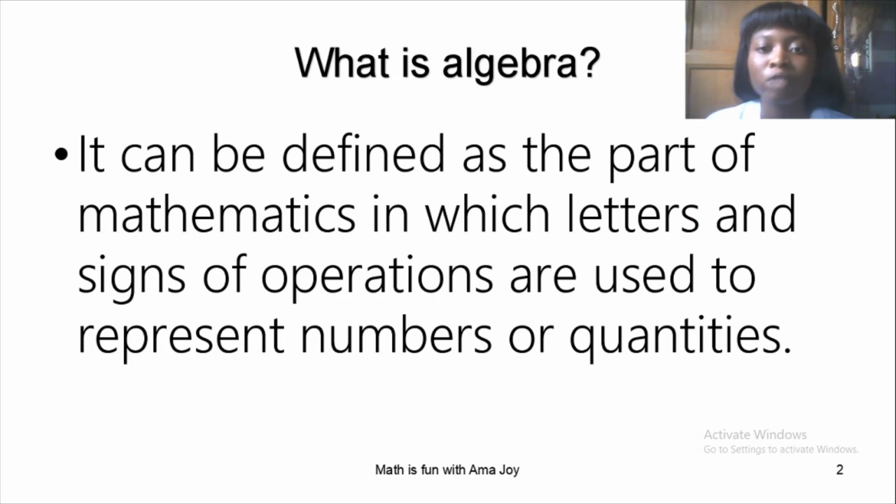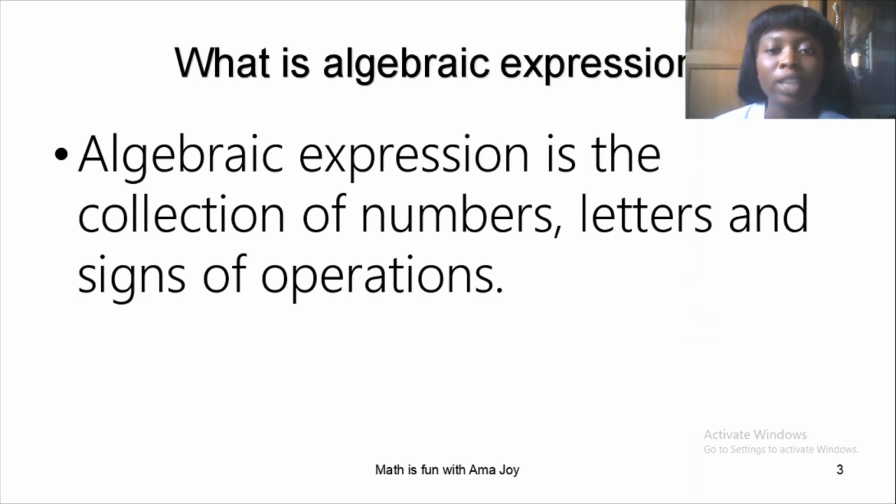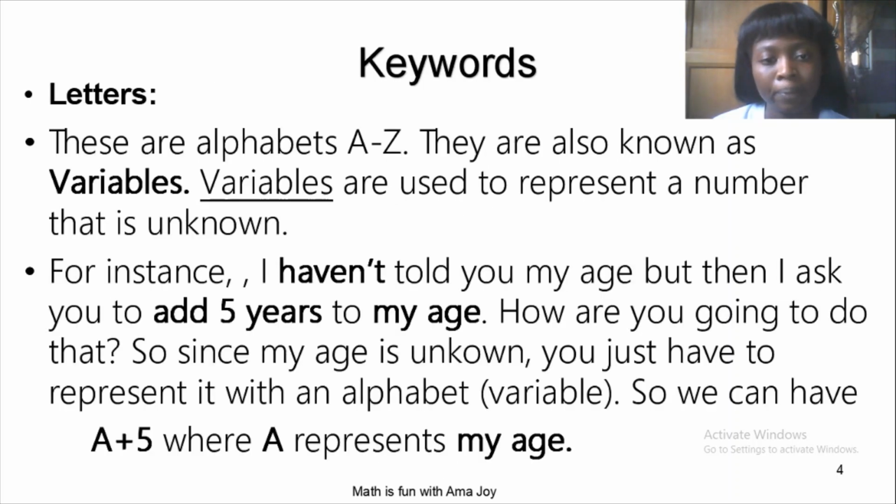Main keywords we'll be focusing on are letters and signs of operation, and then in algebraic expression, our keywords are numbers, letters, and signs of operation. So I think you should underline it in your books because we'll be explaining each and every one of the keywords one after the other.